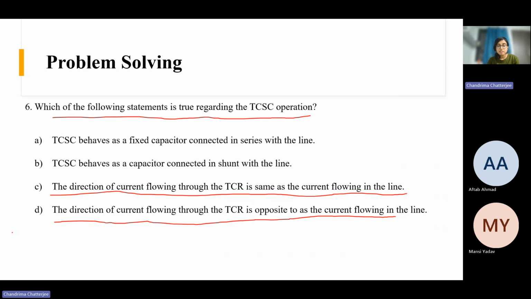That's why the direction of current flowing through the TCR is same as the current flowing in the line, because ITCR by I is positive.